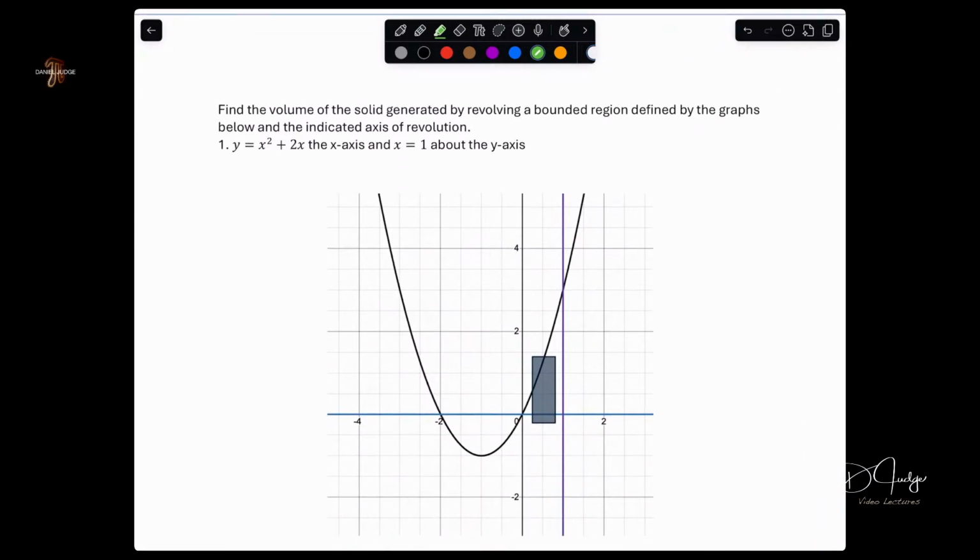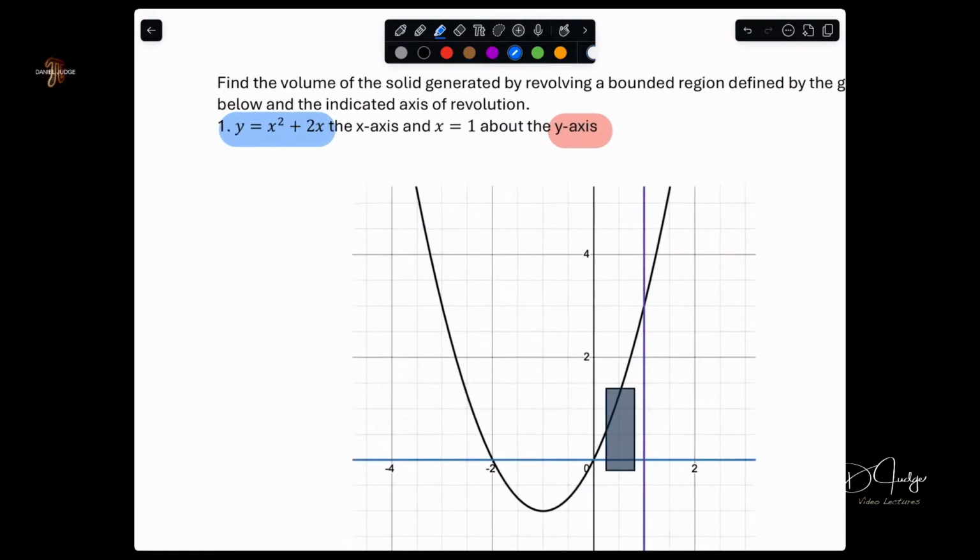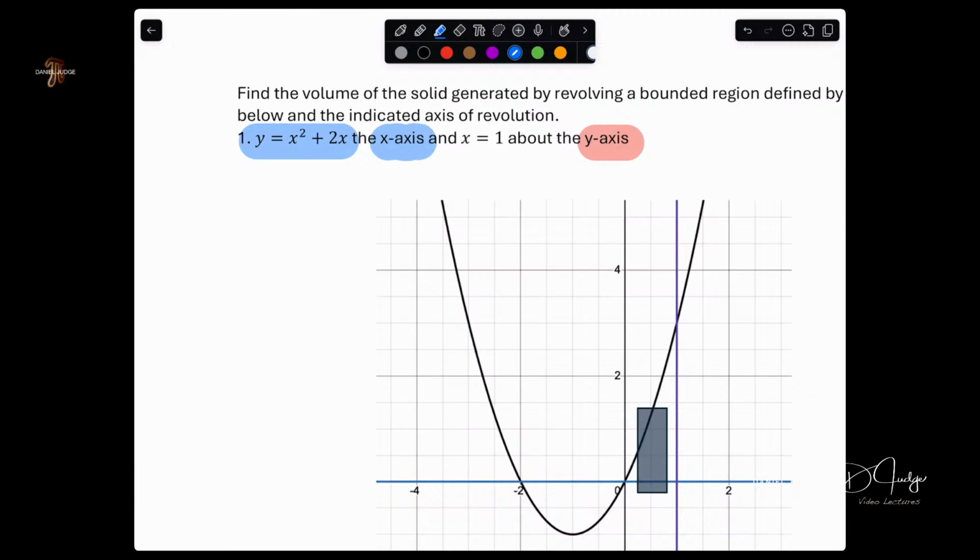So for the first question, it says find the volume of the solid generated by revolving the bounded region defined by the graphs below, and you're going to rotate about the y-axis. So here's the parabola, y equals x squared plus 2x, the x-axis, the line x is 1.